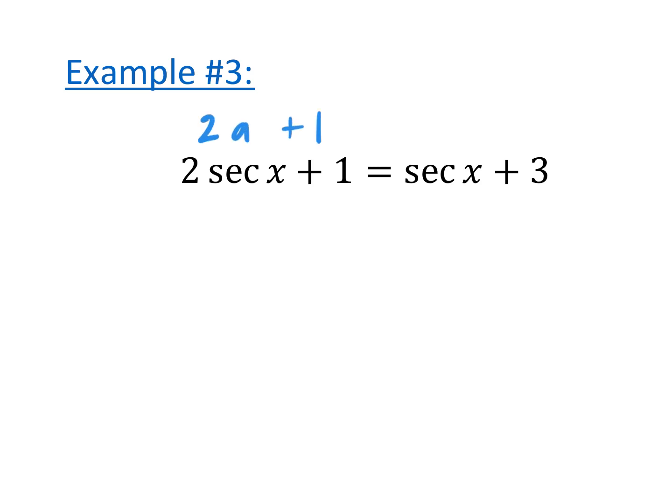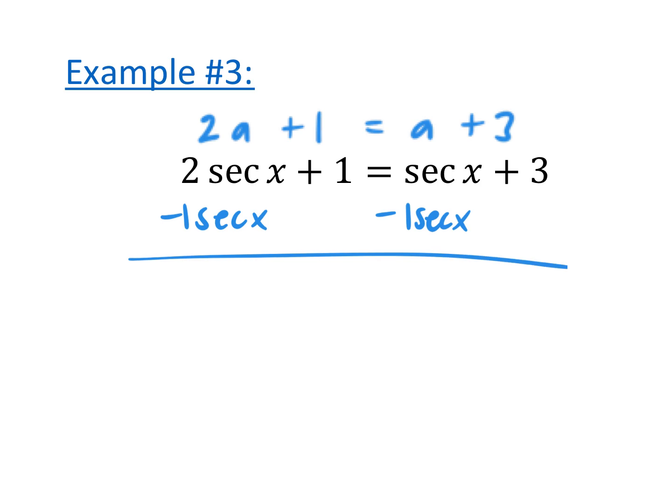If I rewrote this with a instead of secant, you would subtract that a over, right? So let's do that. Subtract 1 secant of x from 2 secant of x. That gives me 1 secant of x plus 1 is equal to 3. Subtract 1, and I'm left with secant of x is equal to 2.